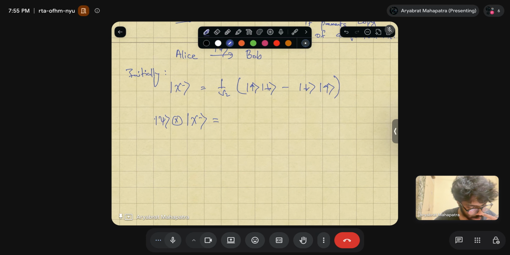So now you can evaluate what this would be. You can try this exercise here. You have 1 over square root 2.